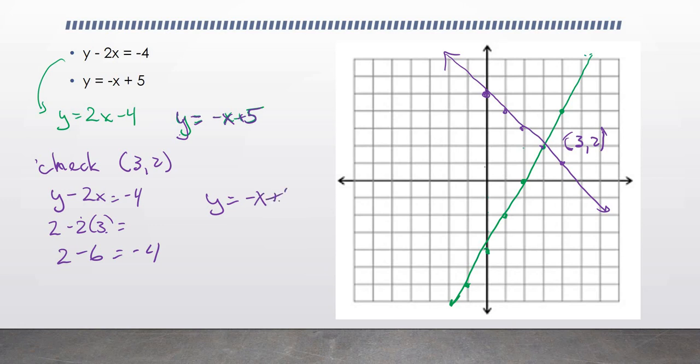My other equation, y equals -x plus 5. If I put 2 in for y and 3 in for x, so -3, that is true as well. So that is the point of intersection. It is also called the solution of the system of equations. And that's it for this.